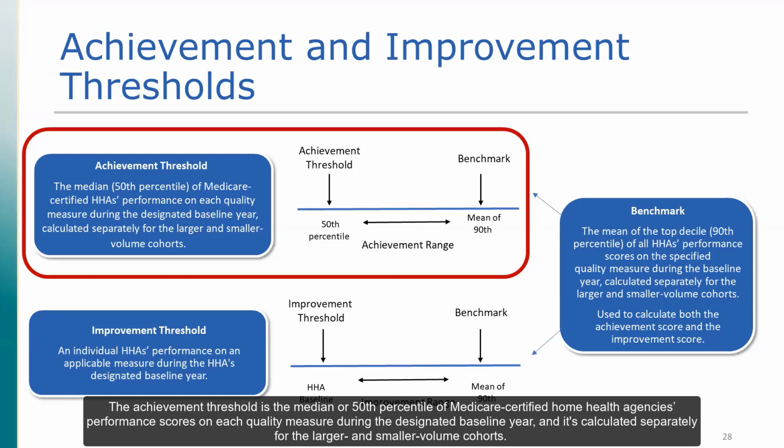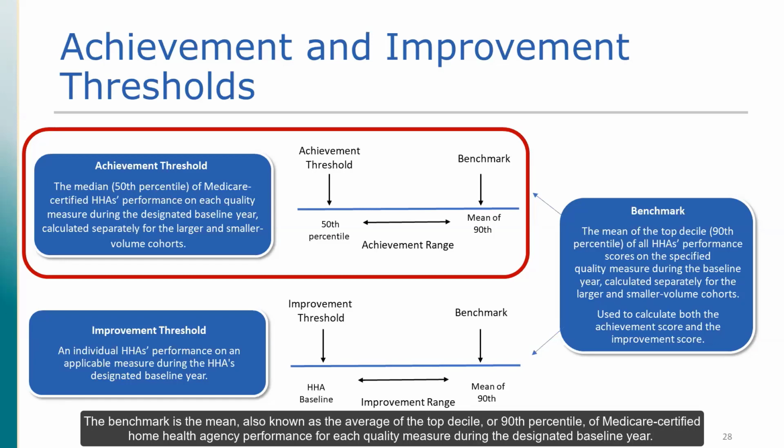The achievement threshold is the median, or 50th percentile, of Medicare certified home health agencies' performance scores on each quality measure during the designated baseline year, and it's calculated separately for the larger and smaller volume cohorts.